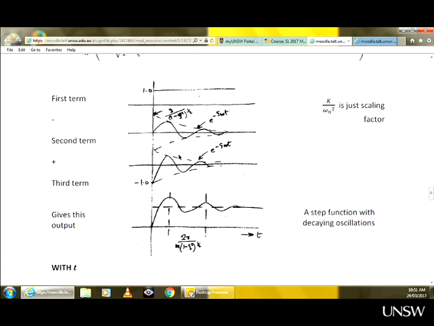If you combine these three, you are going to get a function that looks like this. So the output will oscillate, but not about 0. It will oscillate about a constant value. So it will settle eventually, but not at 0. It will settle at whatever the steady state value is.